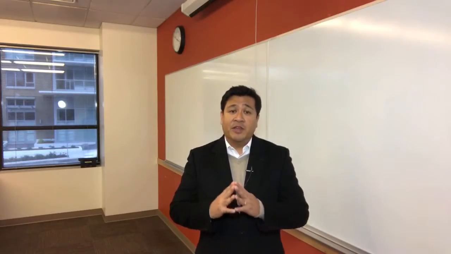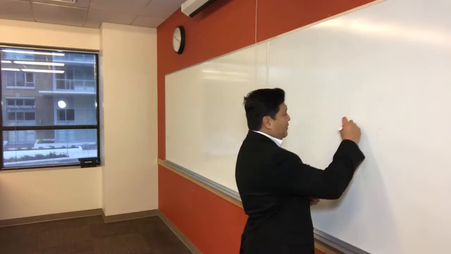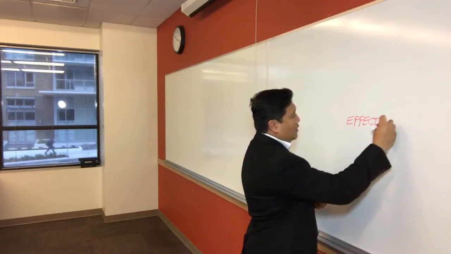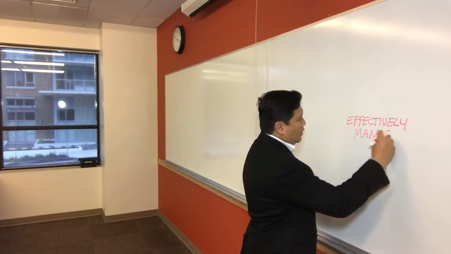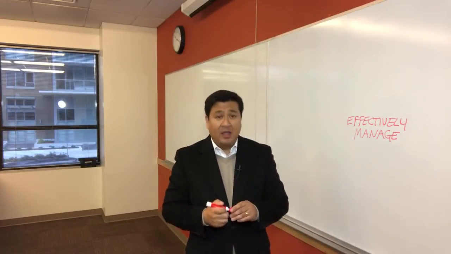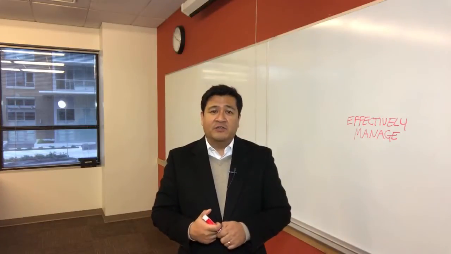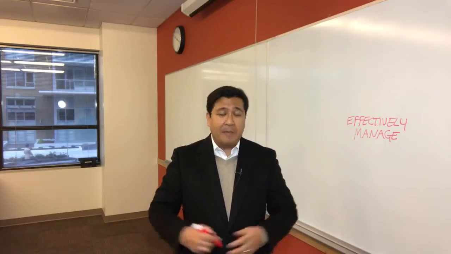The answer to this question, in my view, comes from focusing in on two specific words: effectively manage. What specifically does being effective in an organization's finances mean? And what is the role of the board to ensure that it happens?